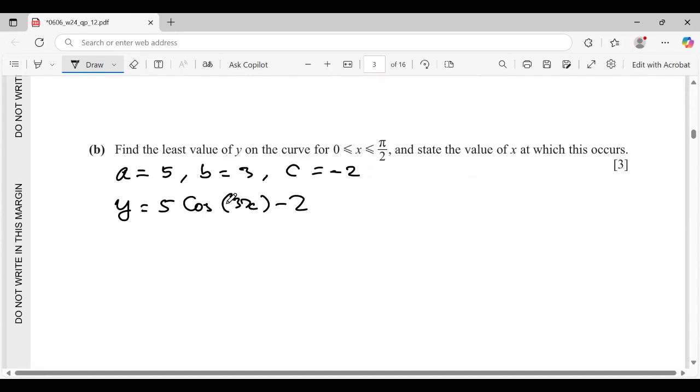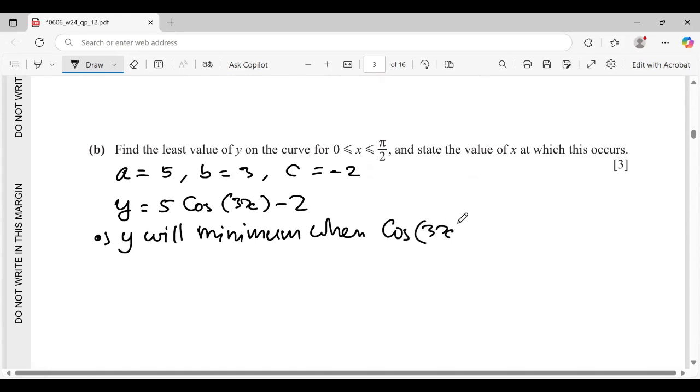Y will be minimum value when cosine 3x equals minus 1. On the cosine curve, the maximum is 1 and the minimum is minus 1.